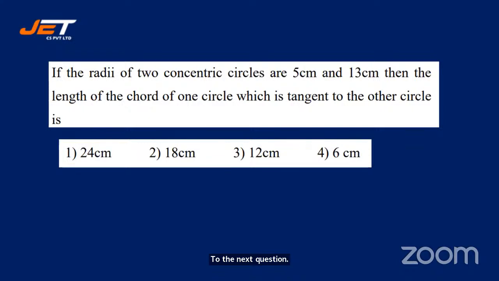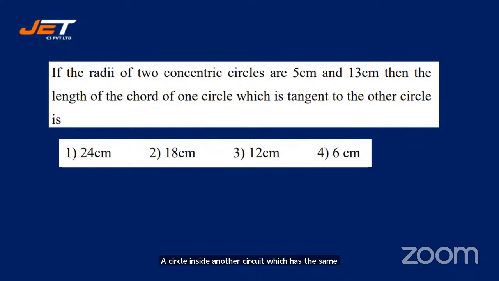If the radii of two concentric circles are 5 centimeter and 13 centimeter, then the length of the chord of one circle, which is tangent to the other circle, is dash. So this is again going to be the concentric circles. So what is concentric circles? What I told you earlier, a circle inside another circle which has the same center point.